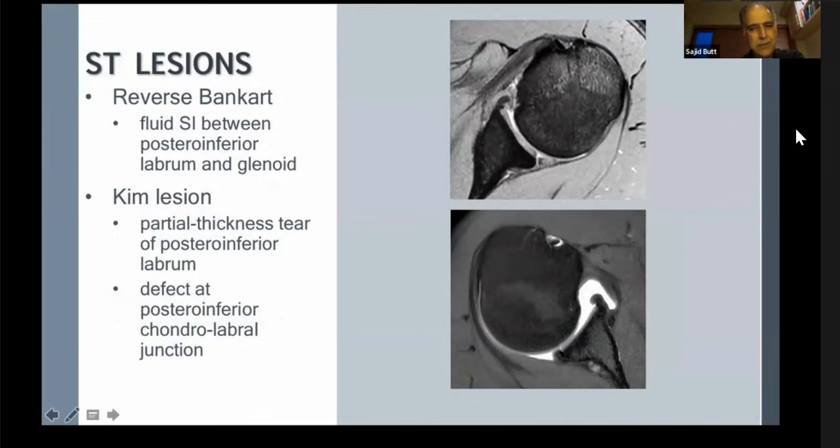When you get a similar lesion at the back, it's called a Kim lesion. So Perthes is anterior, Kim is posterior. In Pakistan, PA, anterior, Perthes anterior, and K is at the back, which comes later. So you can try and remember it from that little mnemonic.